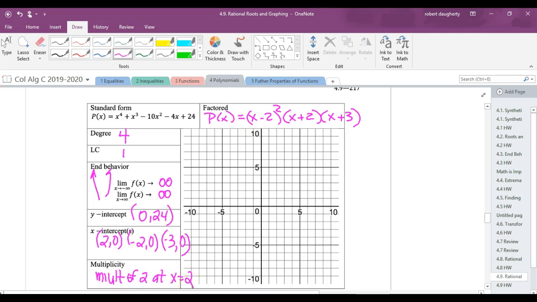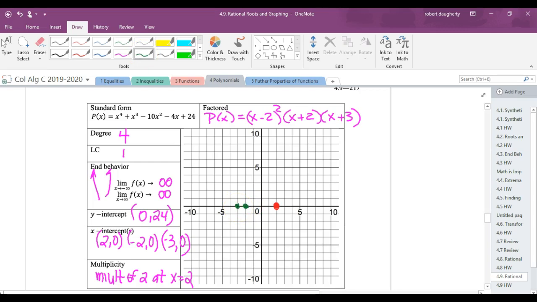So that means when I go to graph this guy, at 2, 0, I do not cross the axis. At negative 2, 0 and negative 3, 0, I do cross the axis.